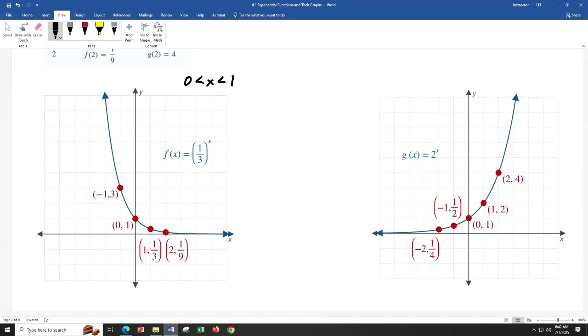But look what's happening to it. It starts way up here and goes that way. It kind of looks like a weird slide, right? We would call this one on the left-hand side a decreasing function.